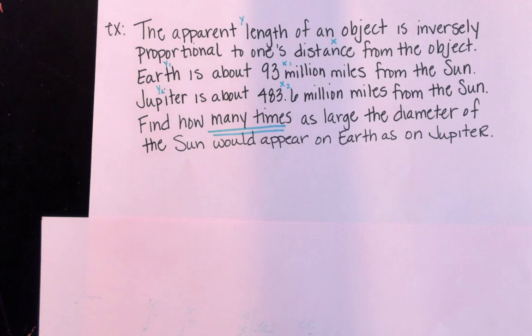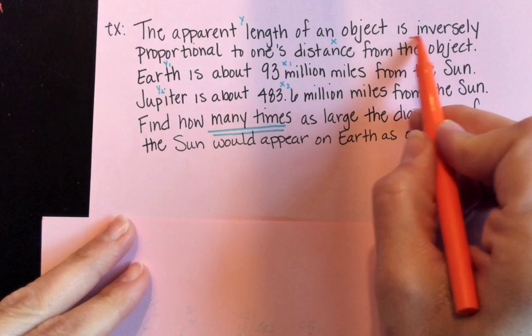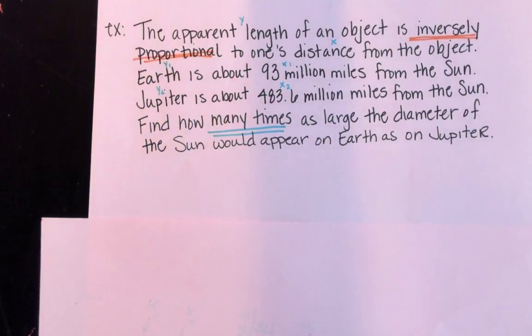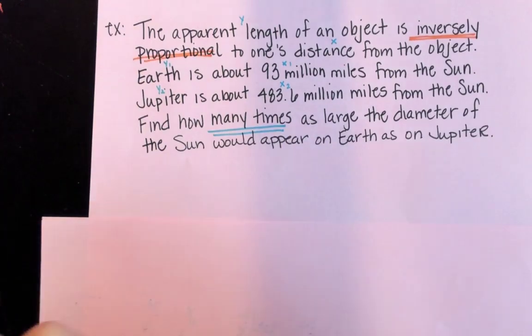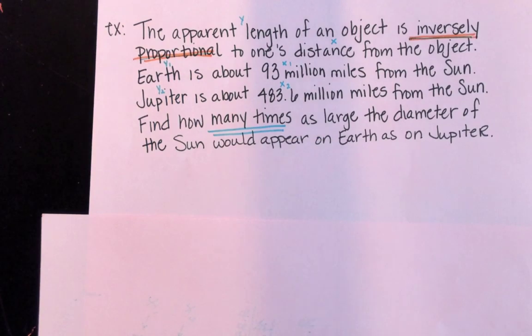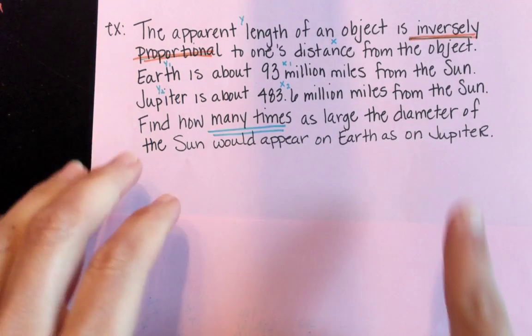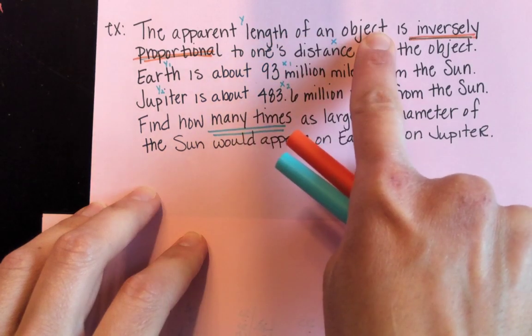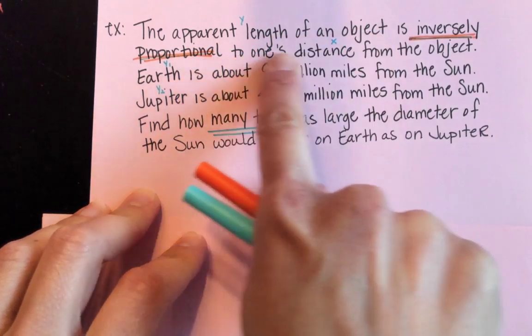So the first thing I did was determine what kind of variation this was. And we see inversely proportional. So it is telling us that we are using an inverse variation. That means whatever comes before is our y, so the apparent length of an object, to one's distance from the object.